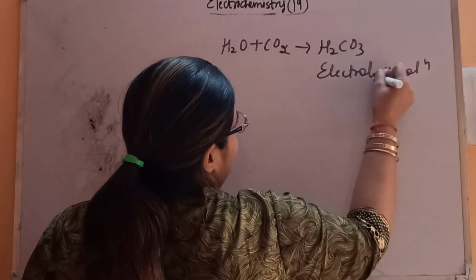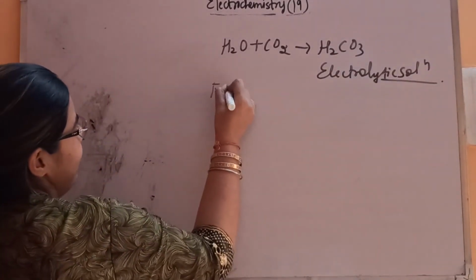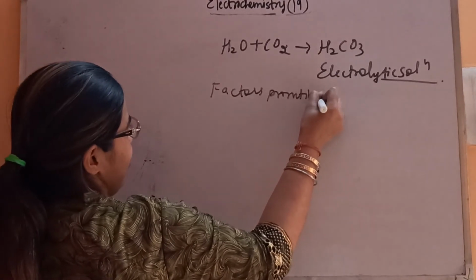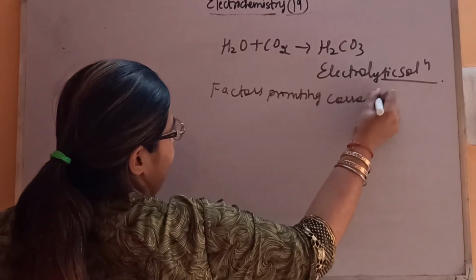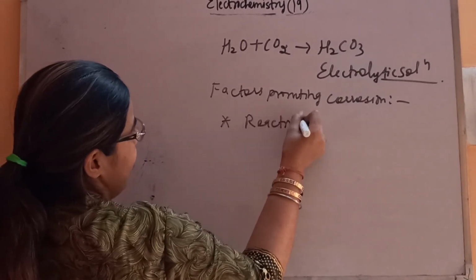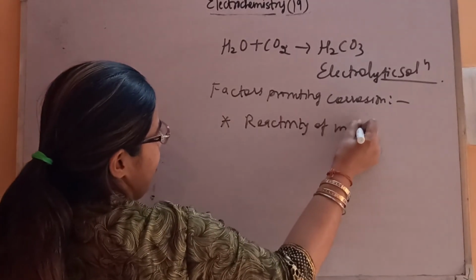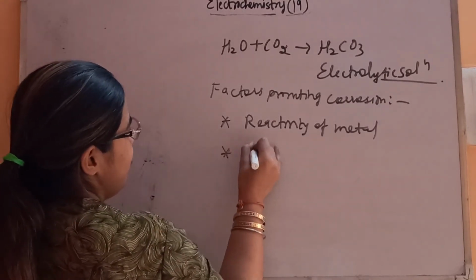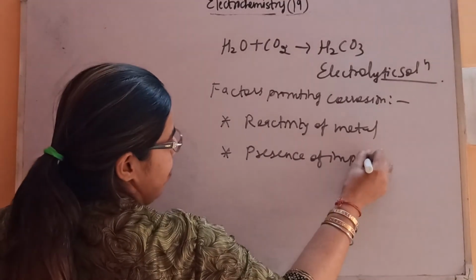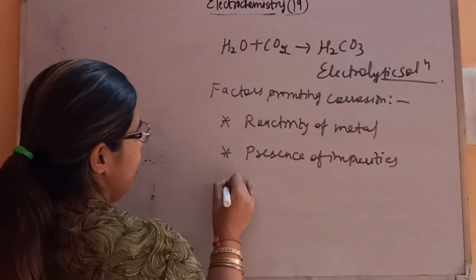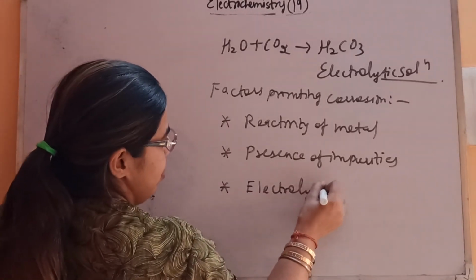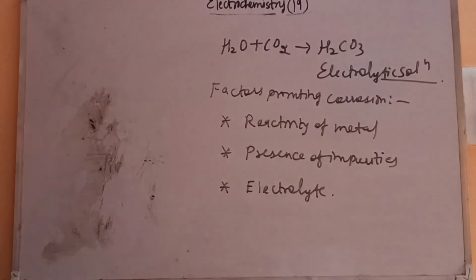Now let's see the factors promoting corrosion. First is the reactivity of the metal, then the presence of impurities, then the electrolyte, and others are also there. So these are the different factors.